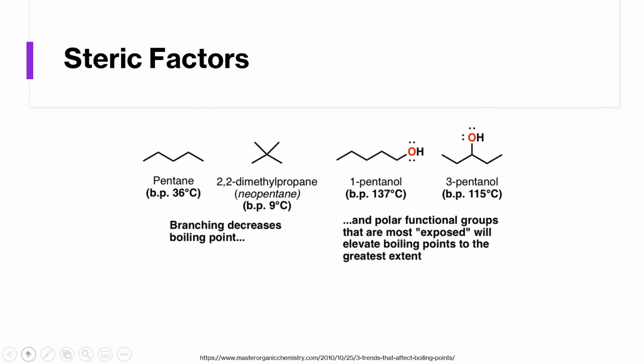The following image just gives a slightly different, less complex visualization of what's happening. If we have branching, it's going to be a lot more difficult to be able to have our carbon-hydrogen bonds interact effectively. And a similar thing can happen when we're looking at functional groups, depending on how exposed the functional group is for interactions with other molecules.